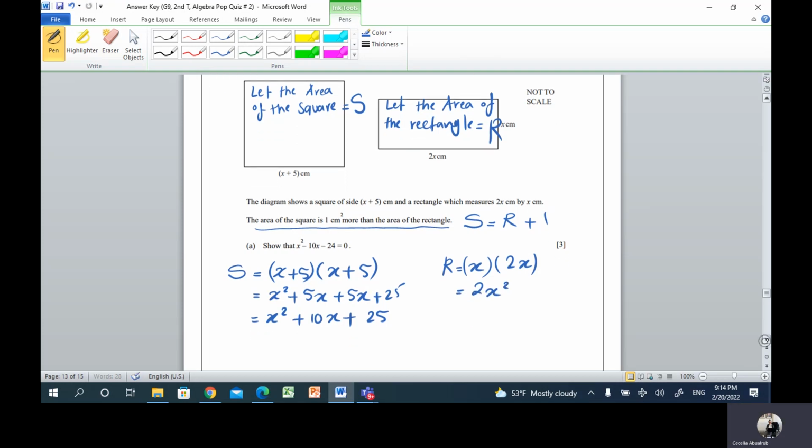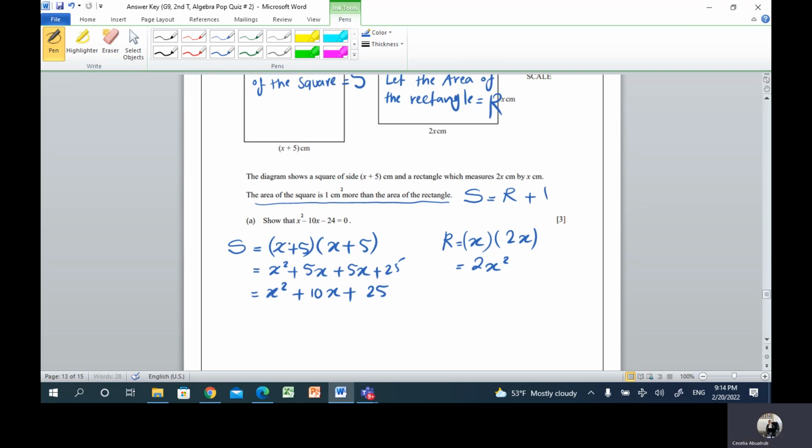Let's replace the area of the square and the area of the rectangle in the formula that we wrote up here. So the area of the square, x squared plus 10x plus 25, equals the area of the rectangle, 2x squared plus 1.